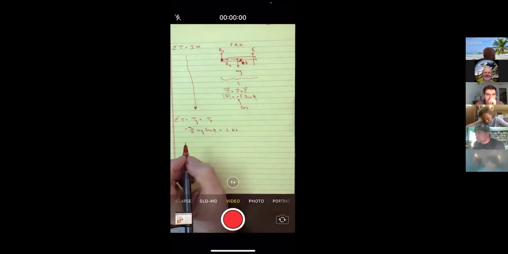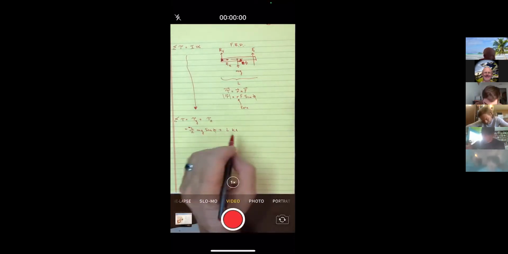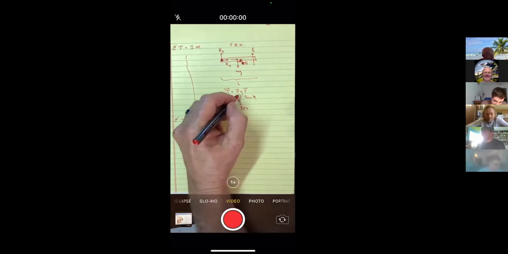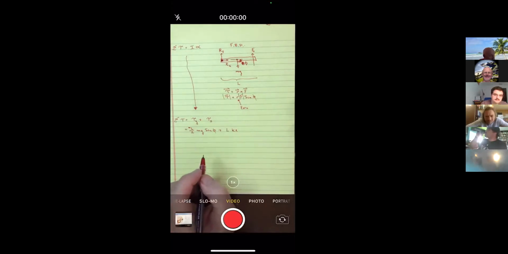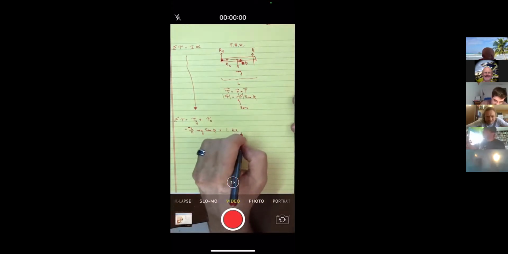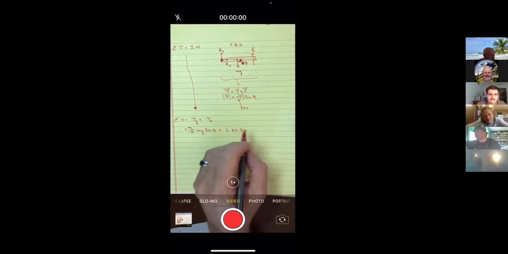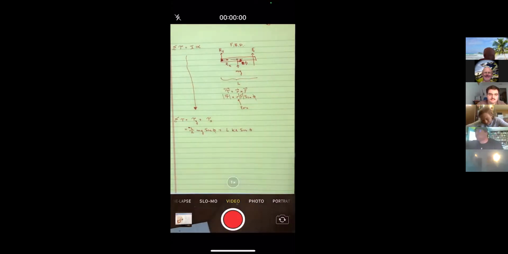So I'll put Kx. We'll put the minus sign, because again, this formula is absolute value, so this should be the absolute value of the force. And then it would be the same idea. It would be a sine of phi.